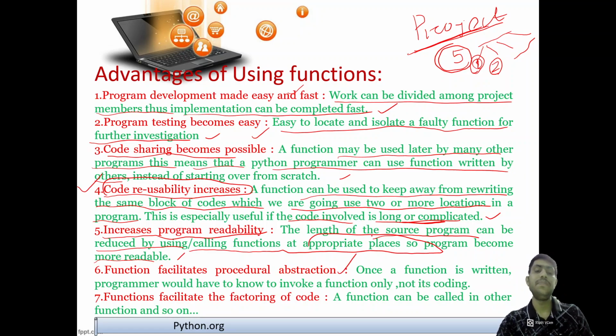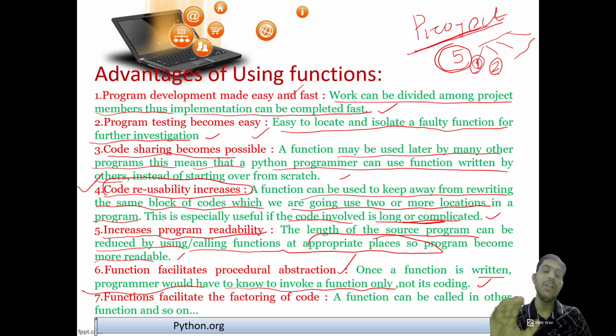Then functions facilitate procedural abstraction. What is that? Once a function is written, the programmer only has to know how to invoke the function, not its coding. Whatever the coding part you have written, you just invoke this function in the entire program, and the coding part is automatically invoked because it is inside the function.